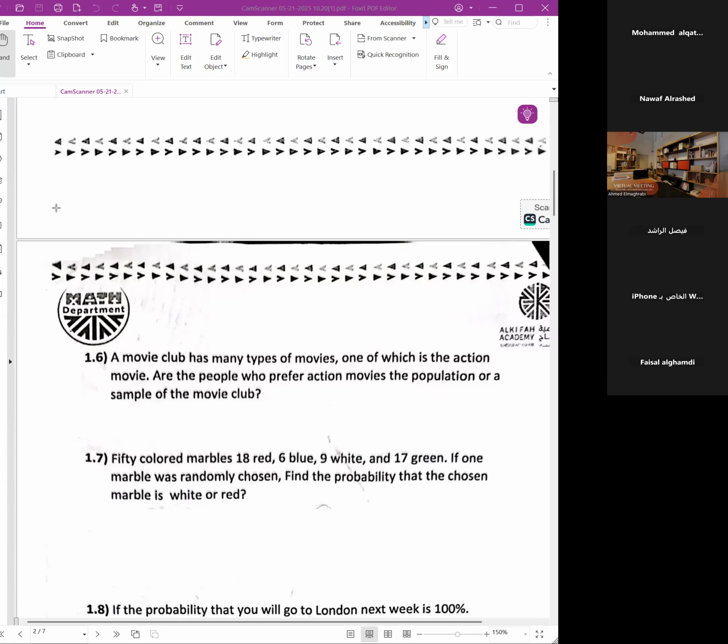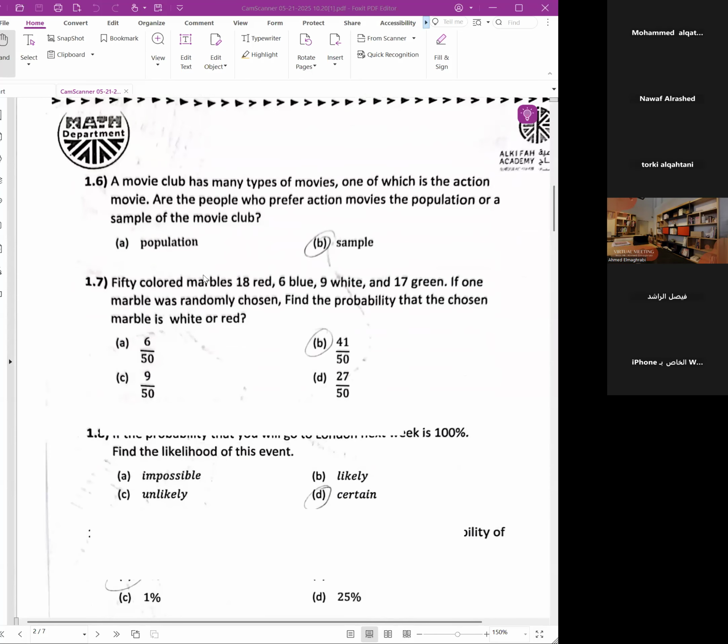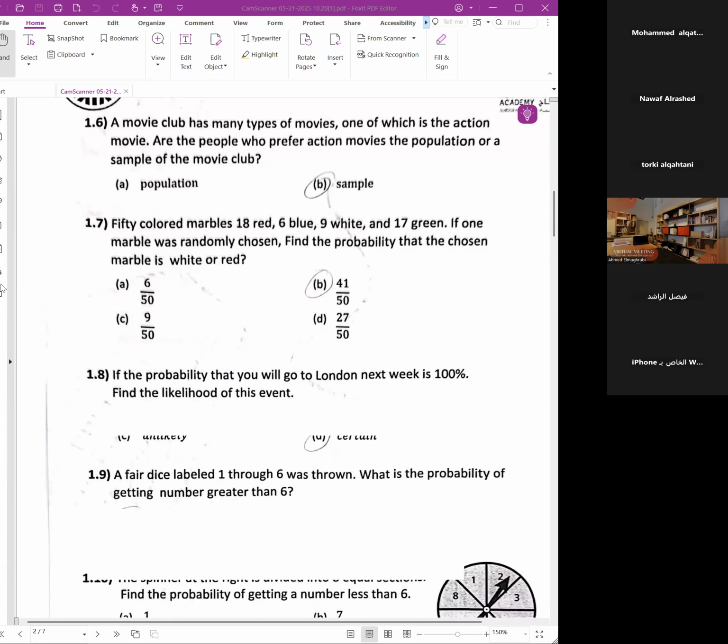Excellent. It's a part, so it is a sample. The whole community is the population.